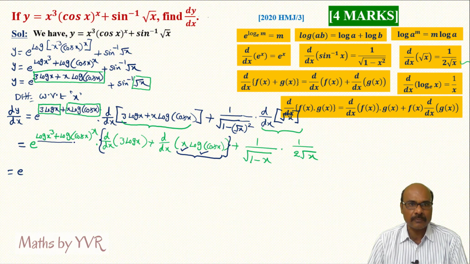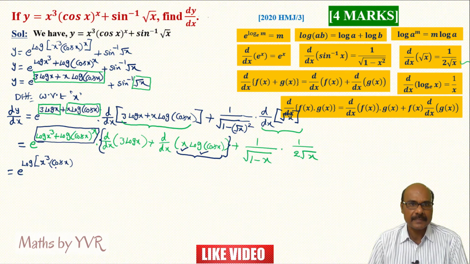That means this term is in the form of log a plus log b. What is the formula for log a plus log b? Log of ab. That means log of x cube into cos x whole power x, into, if you find the derivative here, 3 constant, the derivative of log x is 1 by x, plus here I am going to apply the product rule.